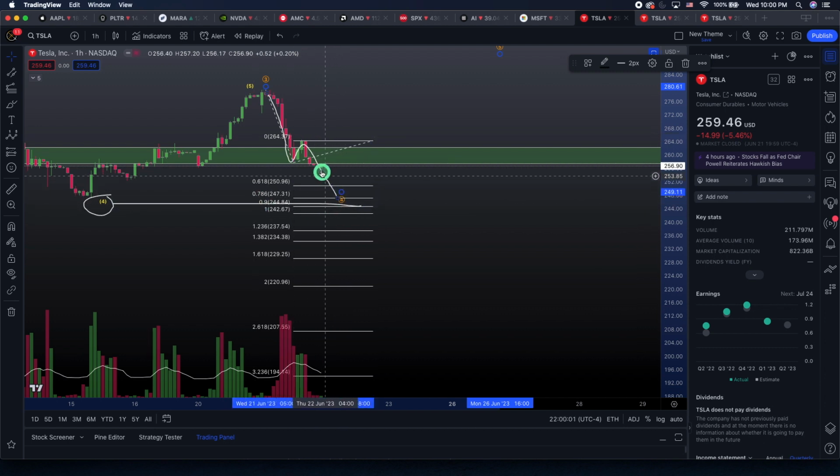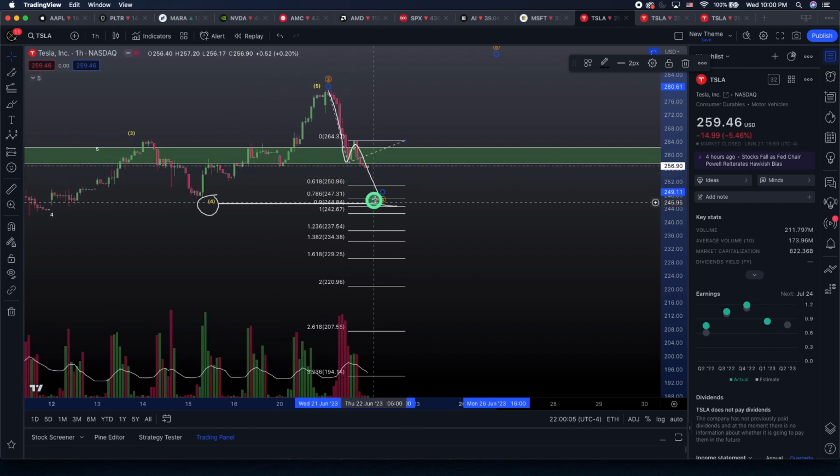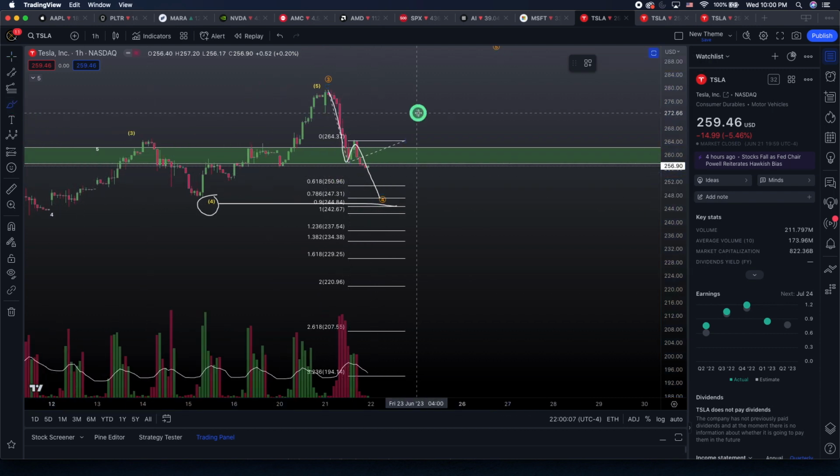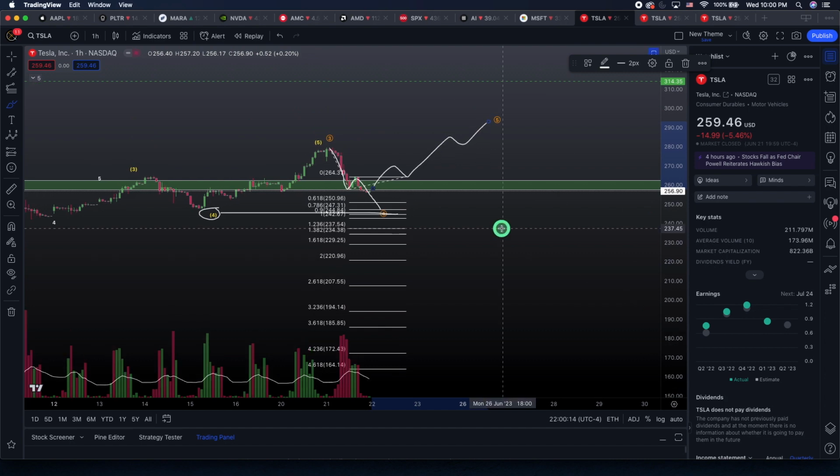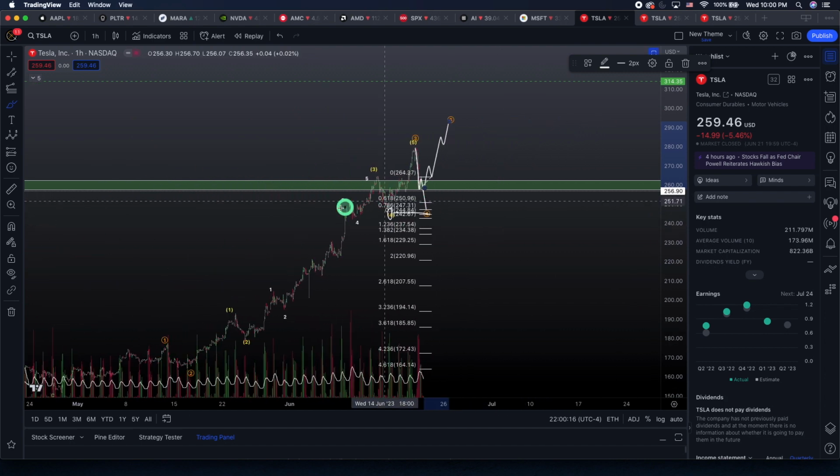So that's where I think we have room to go down a little bit further, but if not, then we'll just say that this is our ABC, and then we should rally higher for a fifth. And like I said, this is probably more extended in here, so this is probably another 1, 2, 1, 2, honestly, 3, 4, 5.